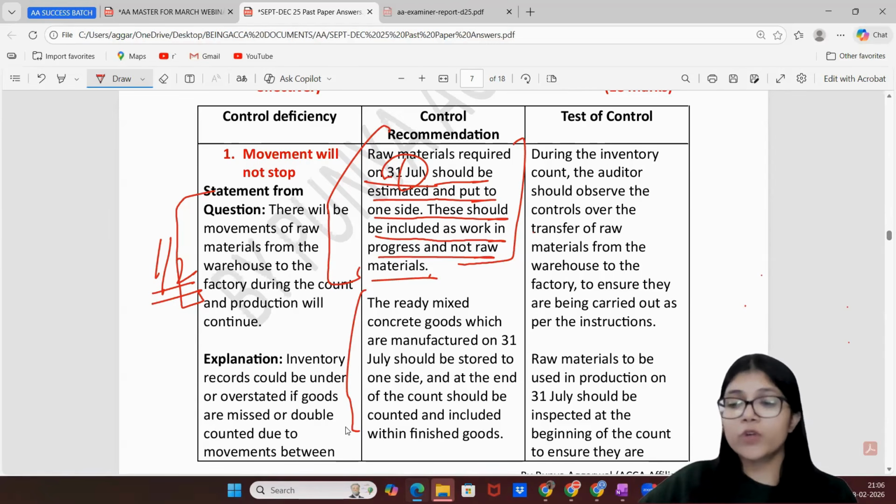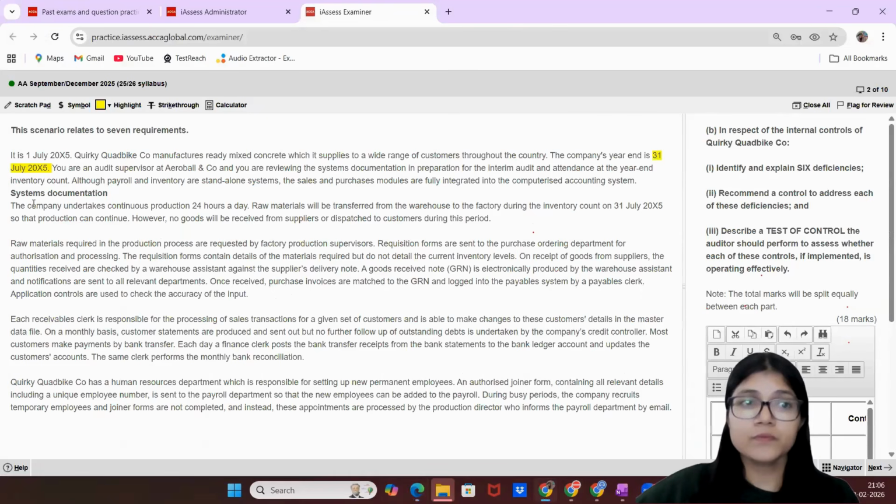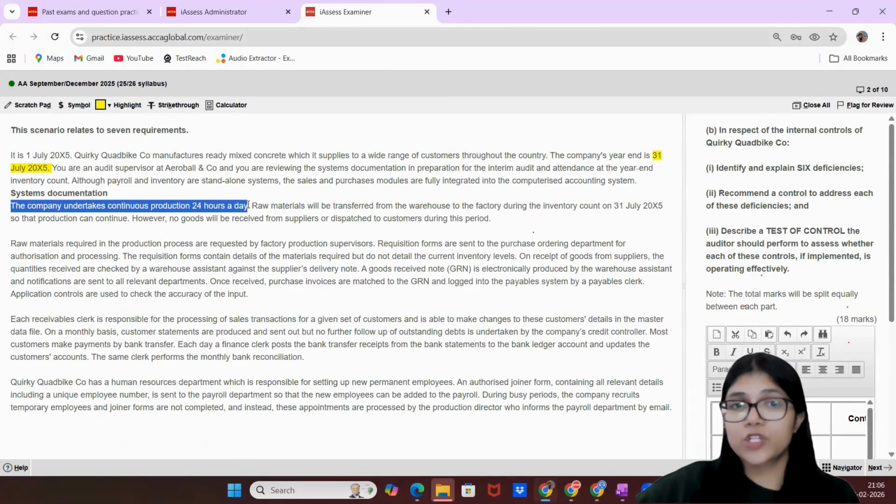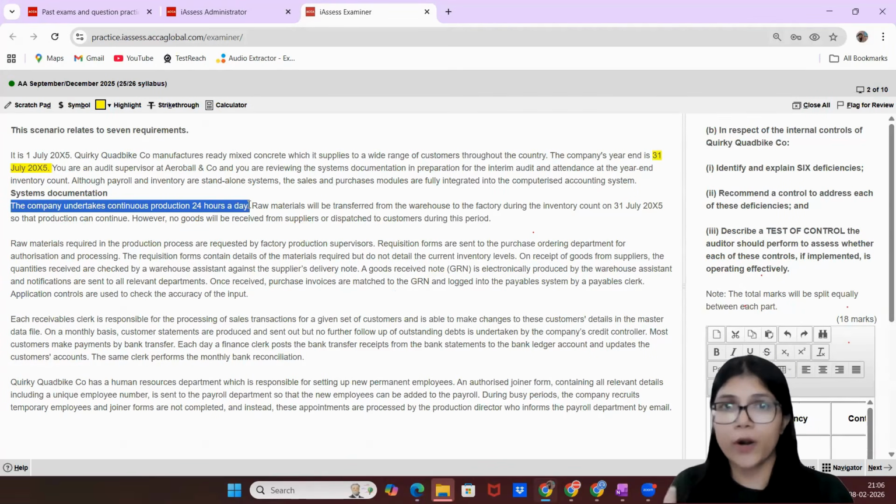But a lot of you told me that you should stop the movement of the inventory. But if you see, guys, here the company is saying the company undertakes continuous production. So continuous production is the company's core agenda, to continuously produce their products. If you're stopping the production, it is going to hamper their supply of goods.